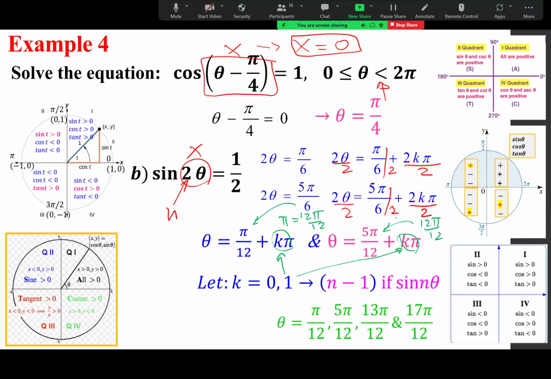Now, if you plug in 2, class, here's what happens. If I plug in 2, it's 2 pi, it goes beyond a complete revolution, the same here. That's why you stop at n minus 1. For sine n theta, same thing for cosine n theta.